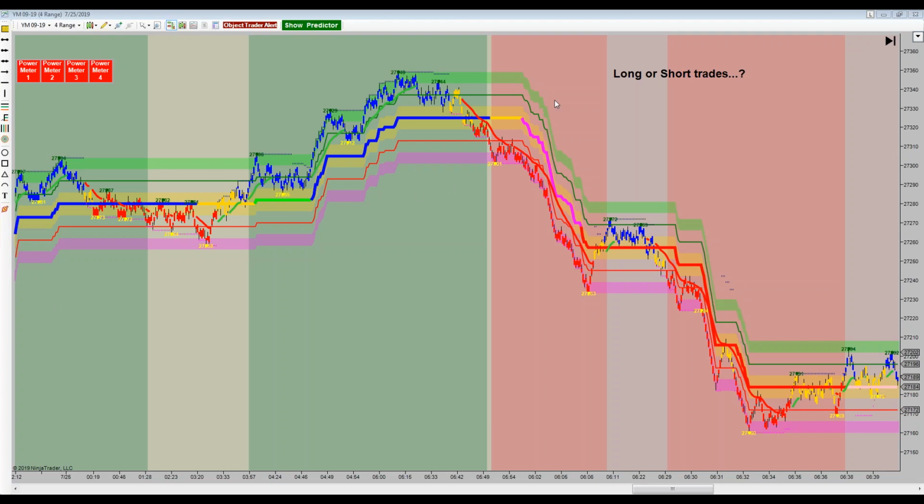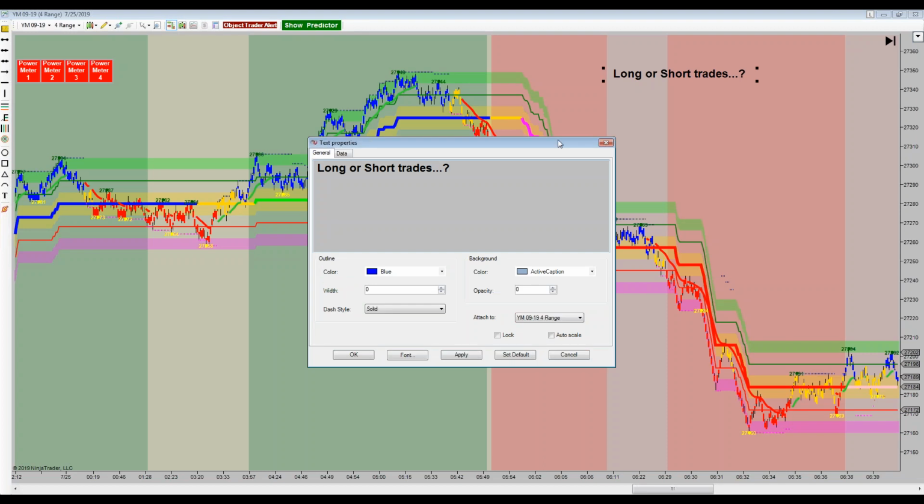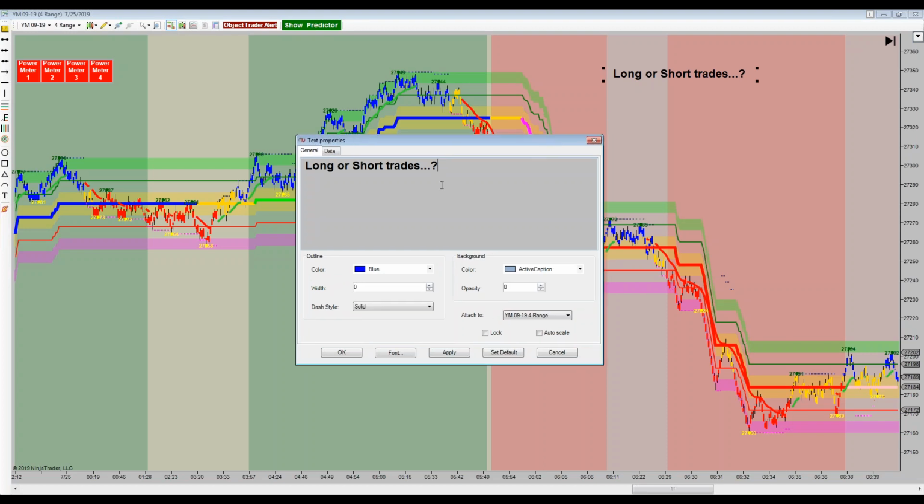So let's talk about the long side and the short side, and then we'll start looking at examples. When you're looking for long trades, let's just put it this way, long trades would equal uptrend or sideways to up, right?